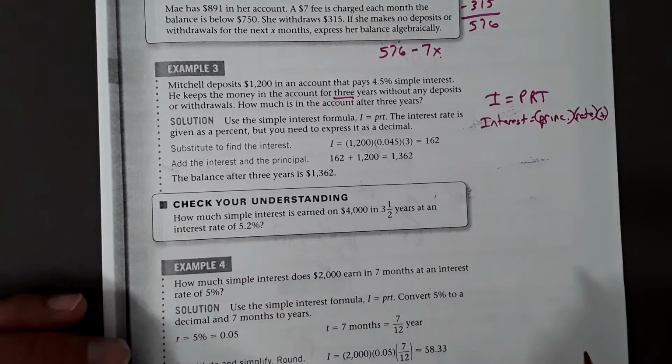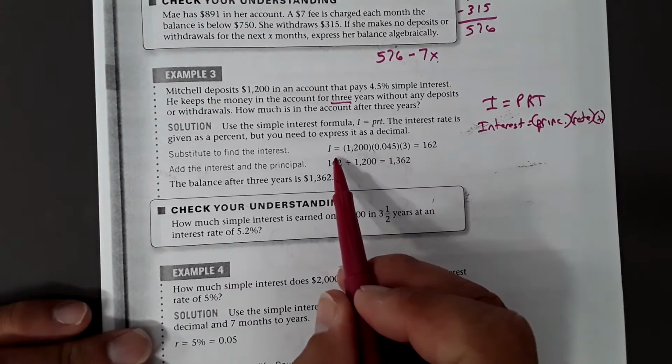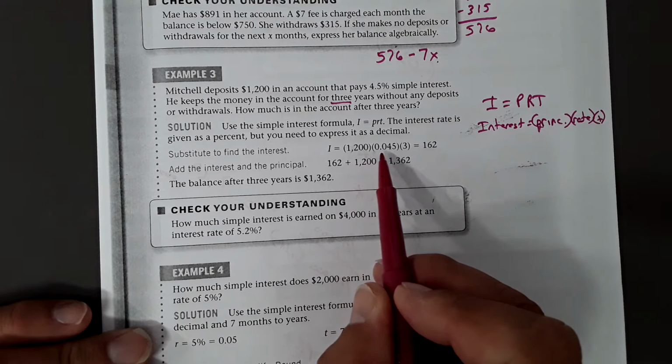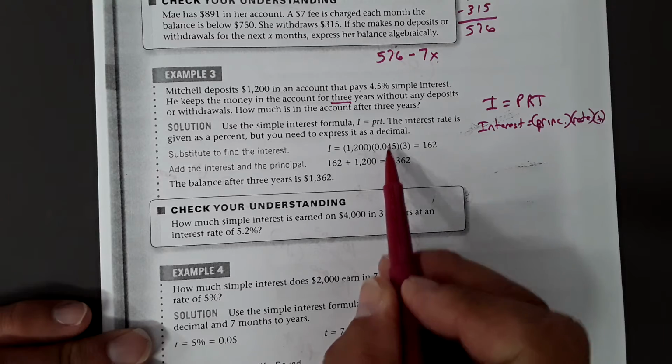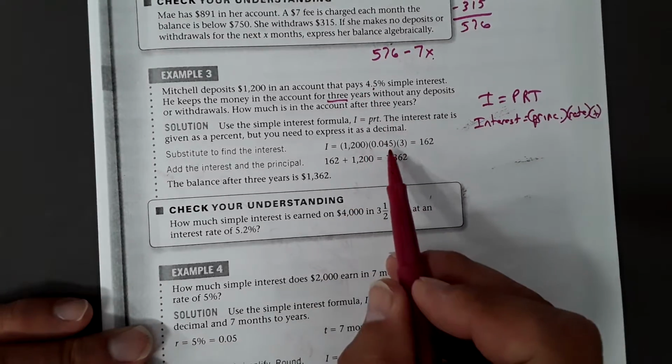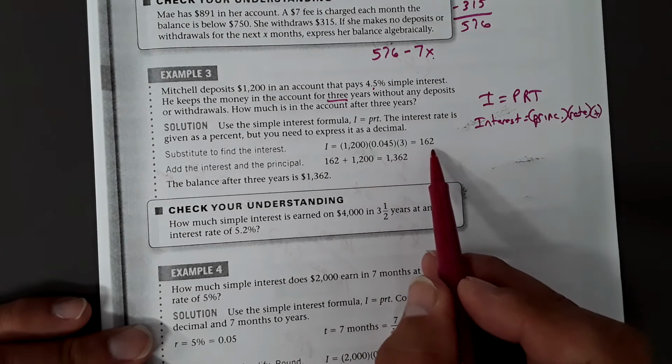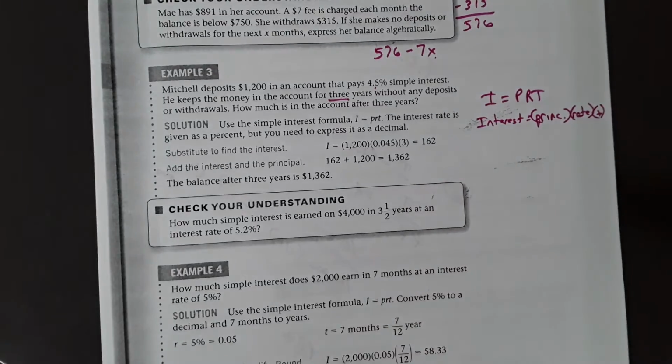How long you keep it invested. So Mitchell's depositing $1,200. There's the principal, times the rate. 4.5% as a decimal, we would move the decimal 2 places, so 0.045, times 3, the number of years. If you multiply all that together, you get 162. So that's the amount of interest that he would earn.